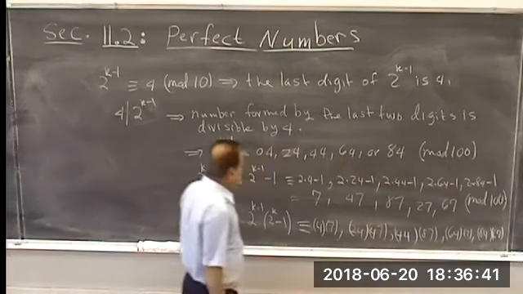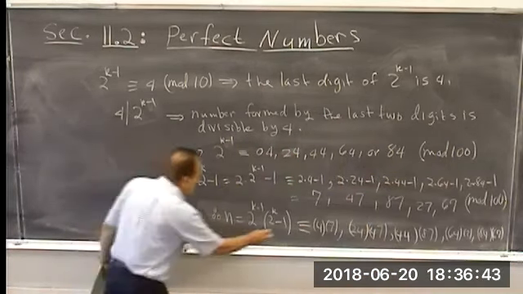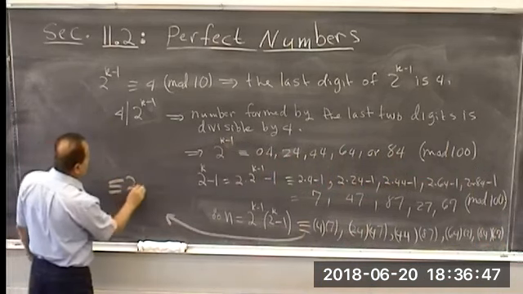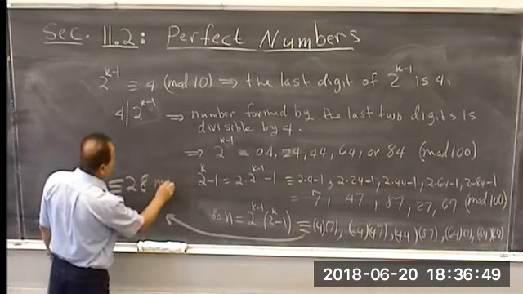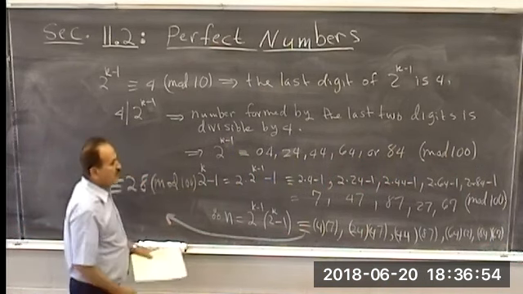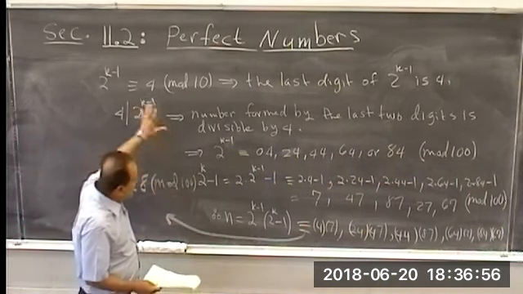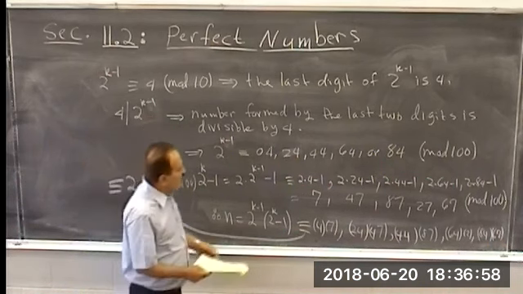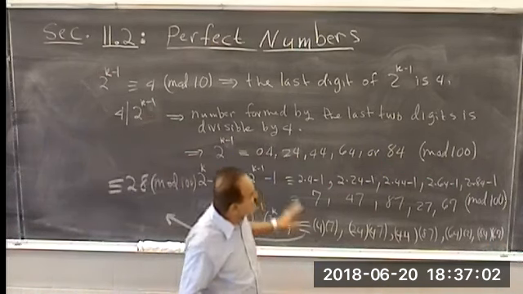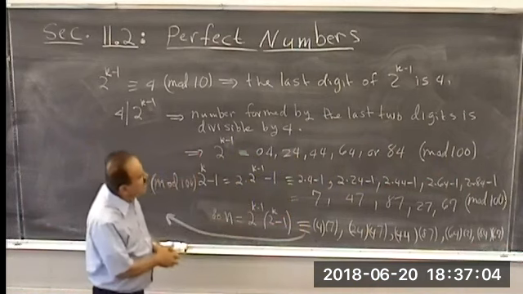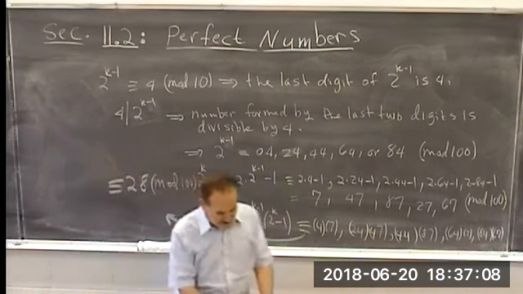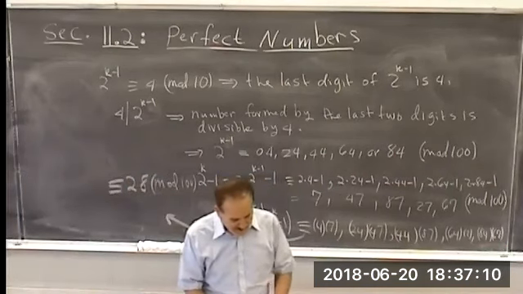All of these products are going to be congruent to 28 mod 100. All right? So I hope it's clear when I've done all these small numbers in here, but the argument is really just a matter of doing the correct thing at the right time.